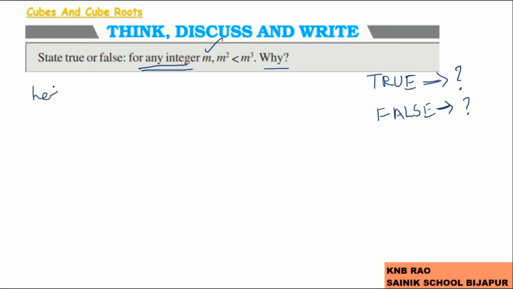I will consider an example. Let m equal 0. If m equals 0, then 0 square gives you 0 and 0 cube also gives you 0.